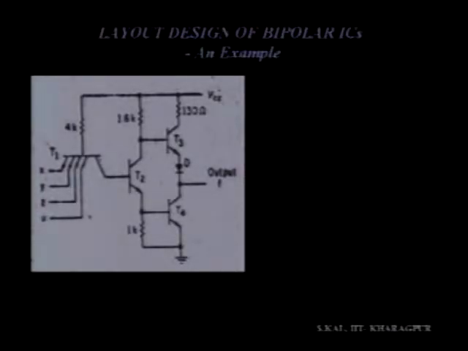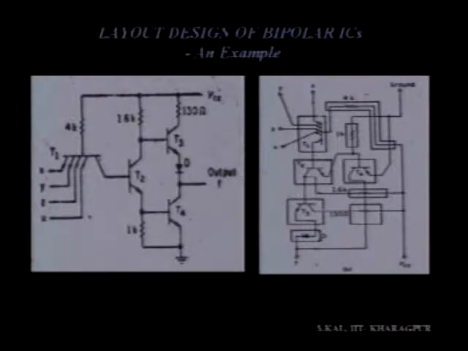Yeah, right, TTL NAND gate. So it is a very popular and well known circuit, and let us see how we will go about designing this circuit in monolithic version. In the next step, what we have done is just place different transistors and resistances so that it will take a minimum area.